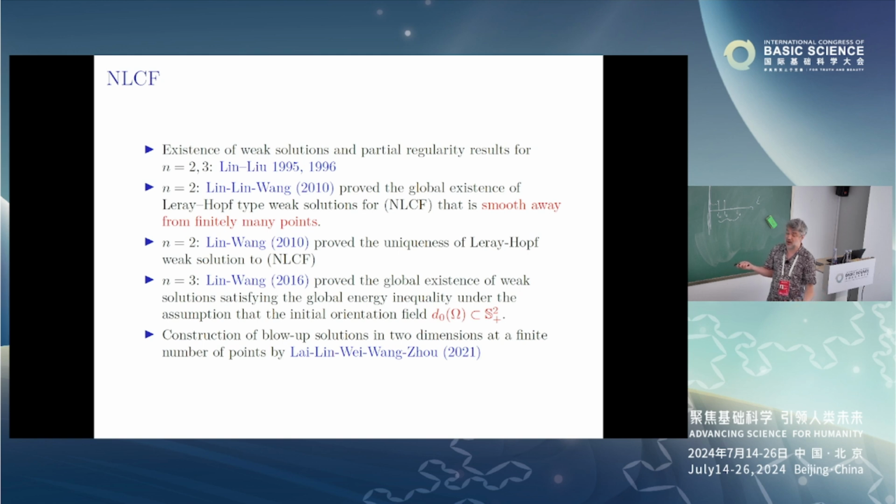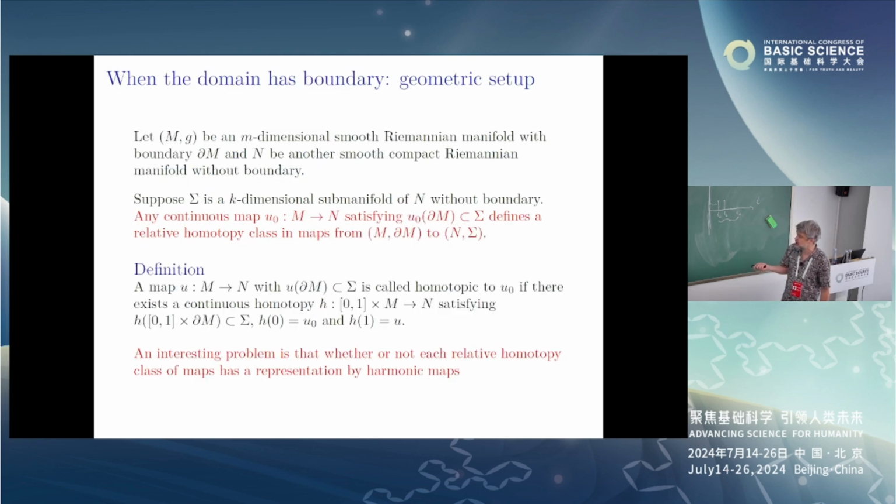Still, Lin and Wang were not able to prove a full Caffarelli-Kohn-Nirenberg, even if the harmonic flow part of the system is not blowing up. It's a very hard, very interesting problem, mathematically. And very recently, Lai, Lin, Wei, Wang, and Zhu proved finite time blow up in 2 dimensions at finitely many points, and I will come back to that.